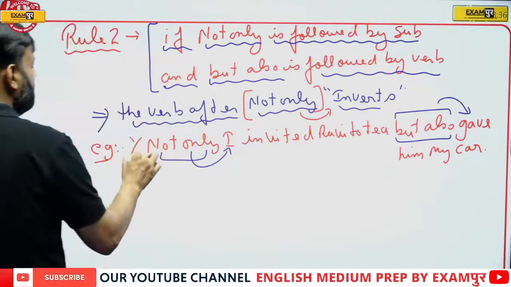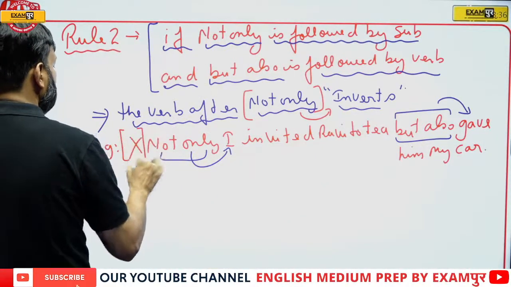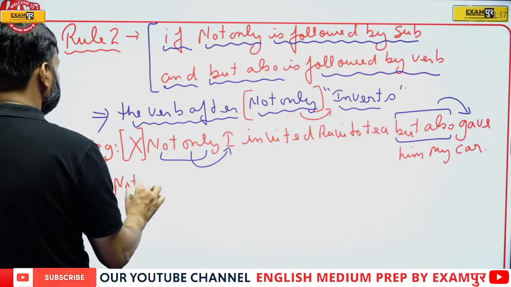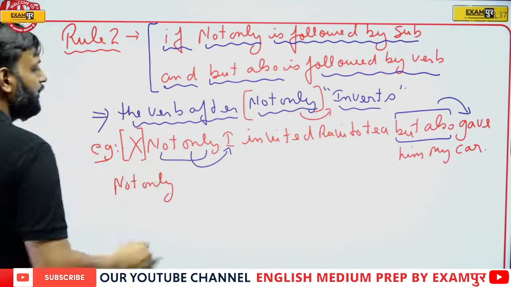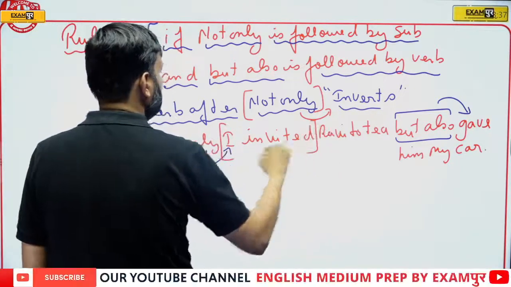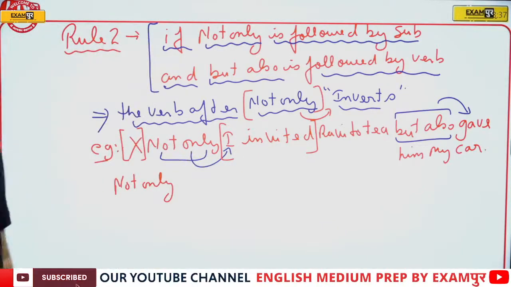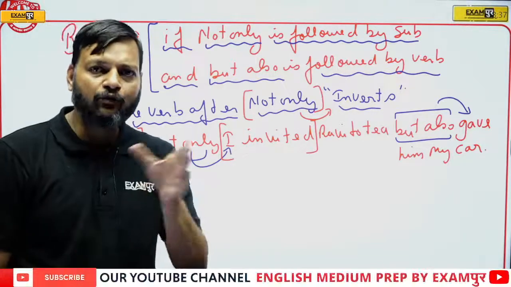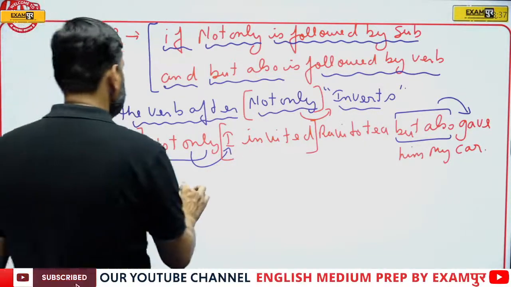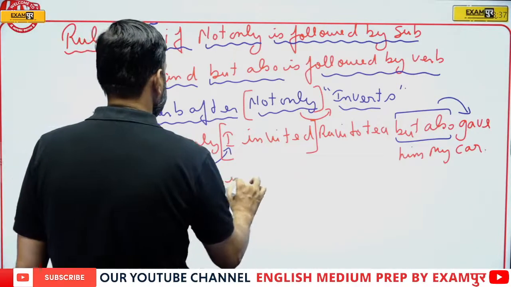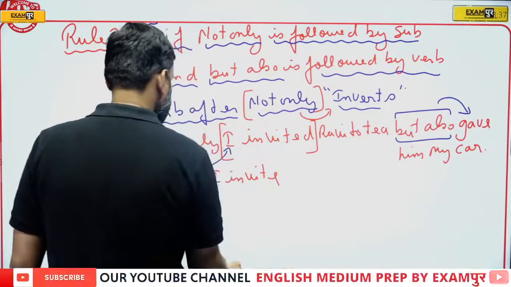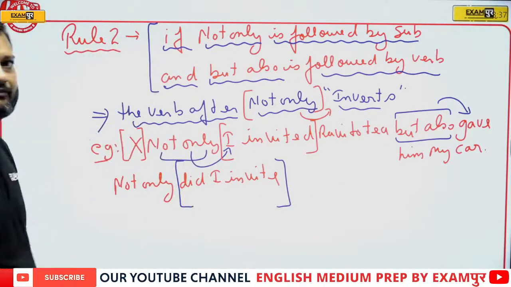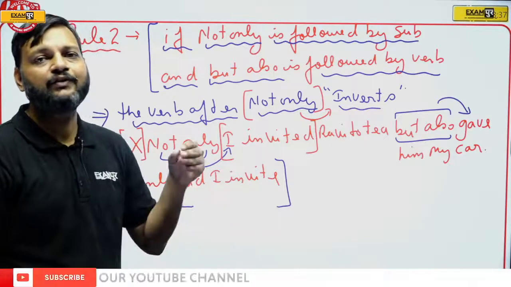So this sentence is wrong. What is the correction of this sentence? Not only. Now here we have I invited. This is past indefinite tense, and the helping verb of past indefinite is did. So did will come before I. So in place of I invited, we should write did I invite, which is inversion.